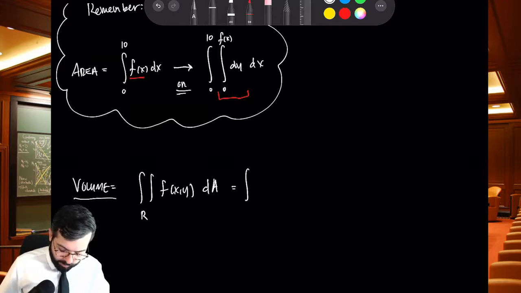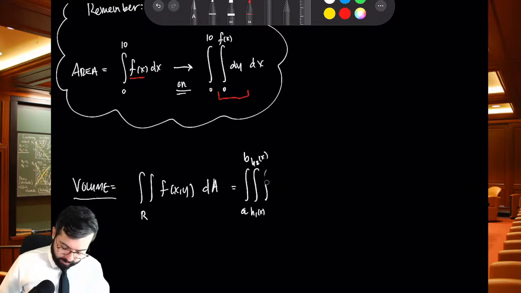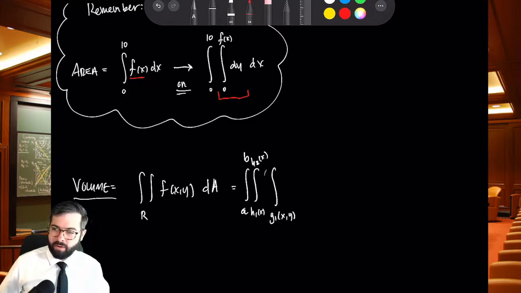But what if we swapped out that height in the same way and said this is, from some a to b and from some h1 of x to h2 of x. Let me give myself some space here. From some g1 of x comma y, or rather, let's write it like this.